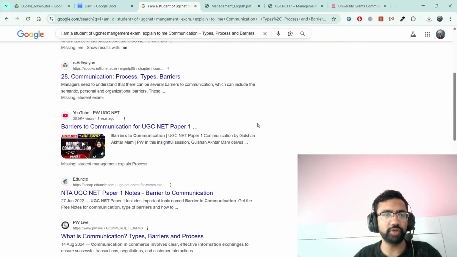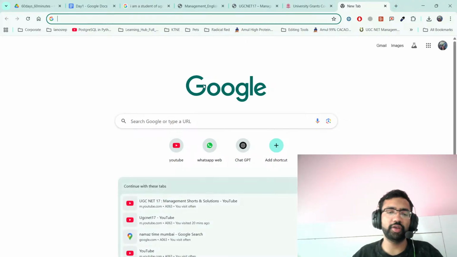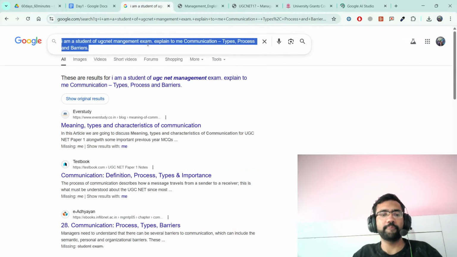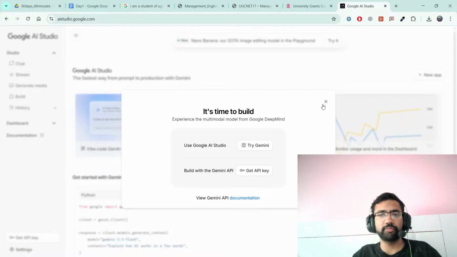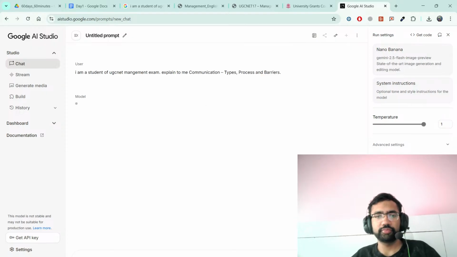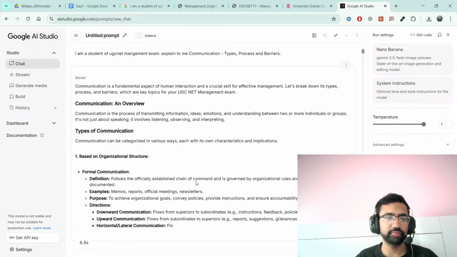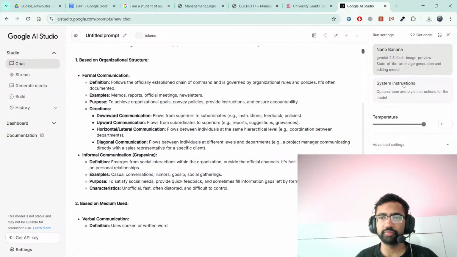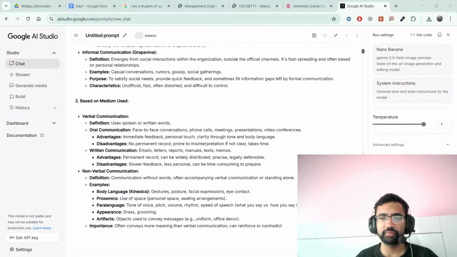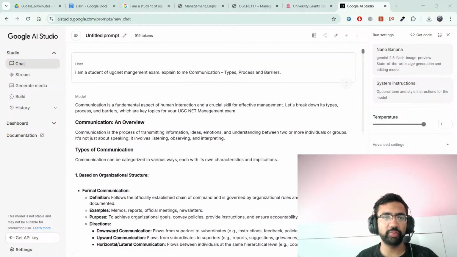So you can get all the different theories if you open any AI model, let's say an AI student chat. See, it has given me some definitions.